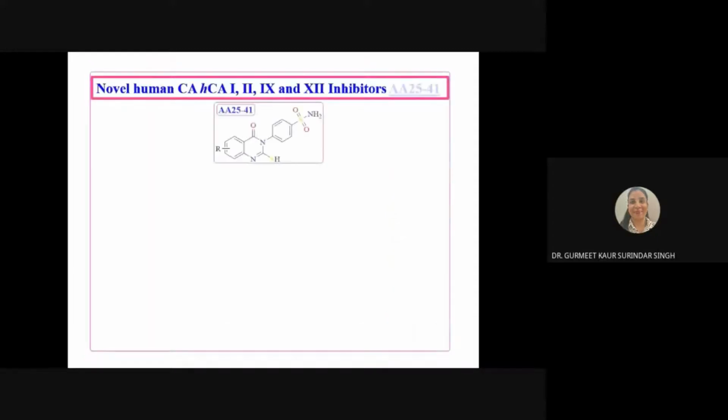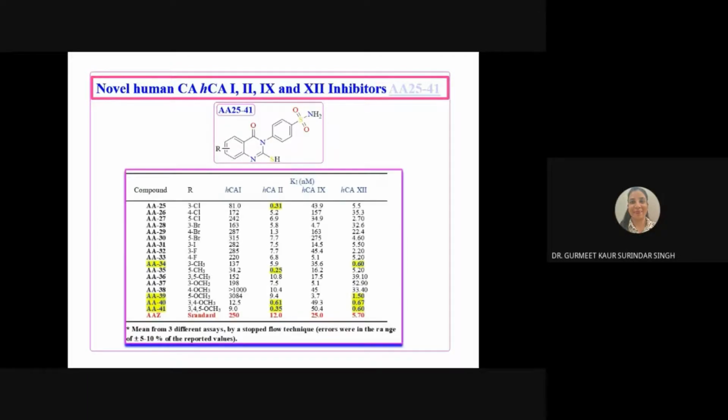So let's move to this second series, which is the para compounds. We obtained interesting compounds, but the selectivity for CA9 or CA12 is not enough compared to the activity against CA2. So this group of compounds is also not fortunate enough, or we were not fortunate enough to get good compounds.